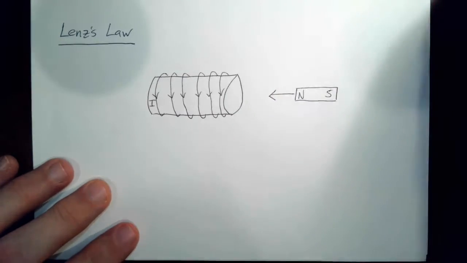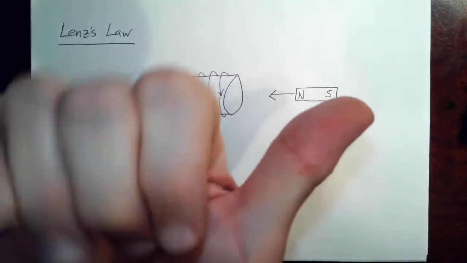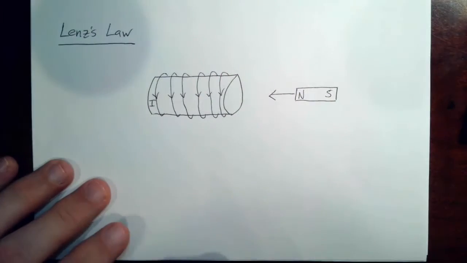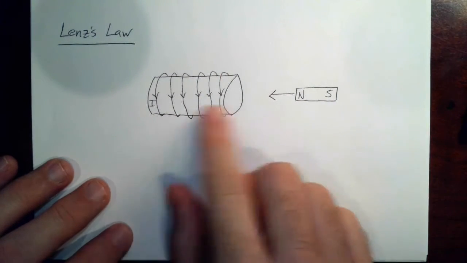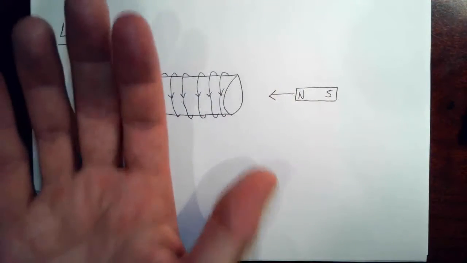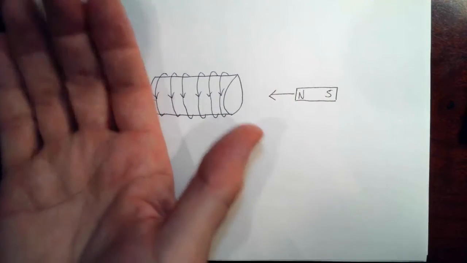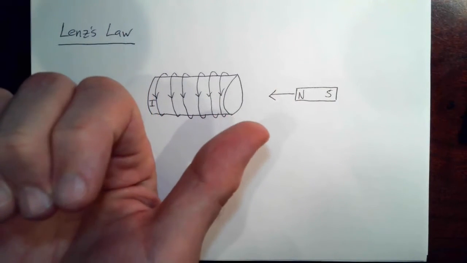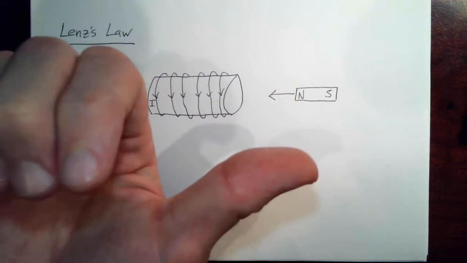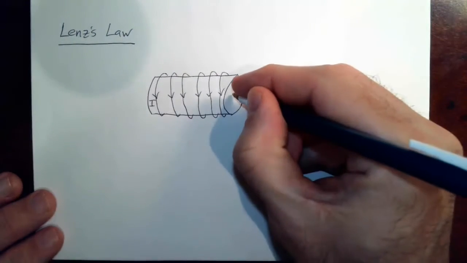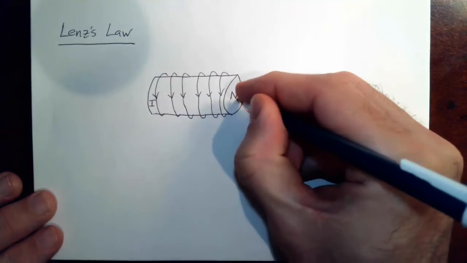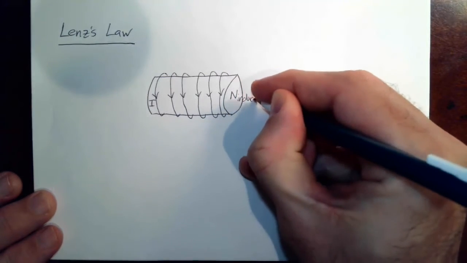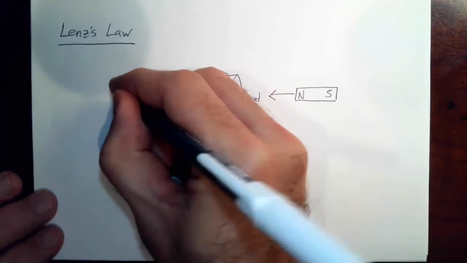And we can use right hand rule number 3 to figure out which end of this electromagnet is north. As I curl my fingers, imagine I'm holding the cylinder in my hand so that my fingers curl in the direction of the current and my thumb points in the direction of the North Pole. So I want to put north induced and south induced.